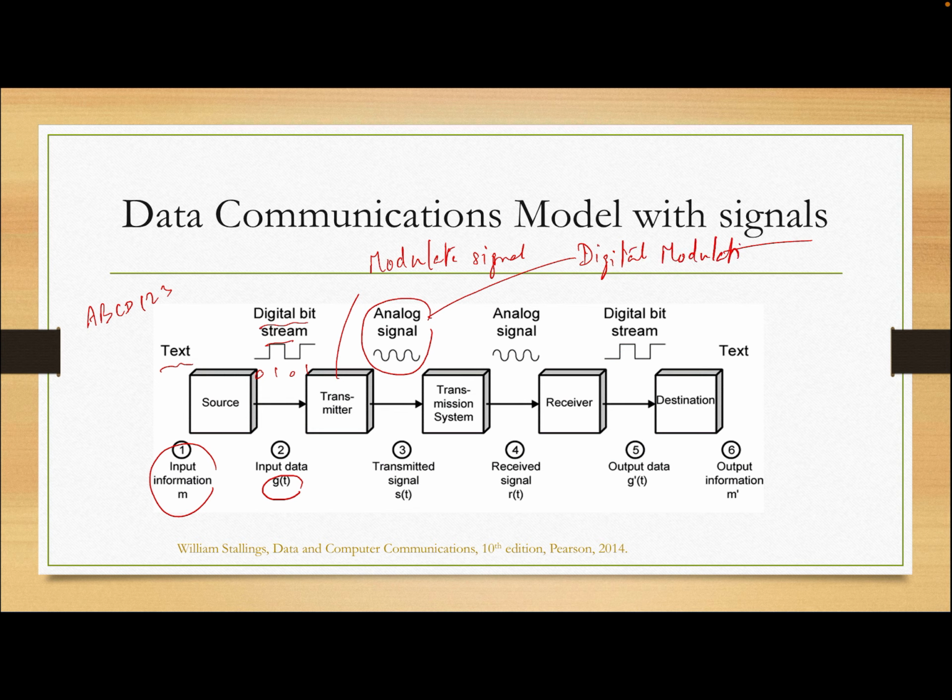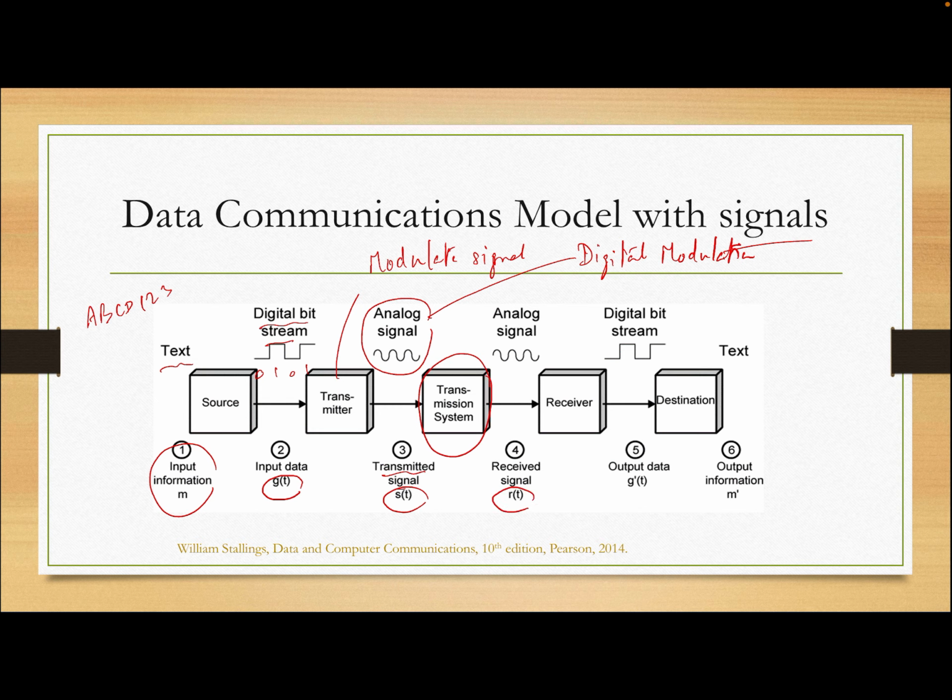I'll talk more about this in the next slide. So this is the transmitted signal s(t). Then it goes through the transmission system, like networks or point-to-point links, wired or wireless. Then you receive the signal r(t).